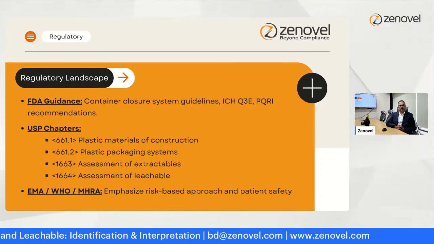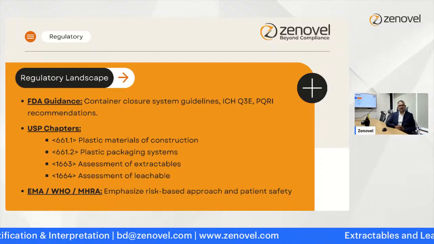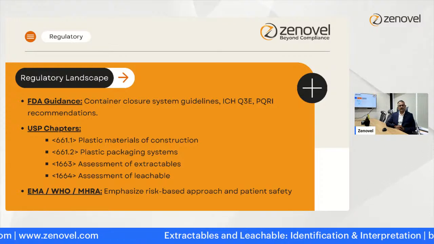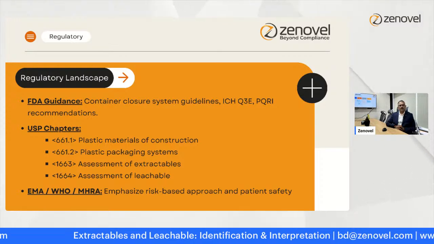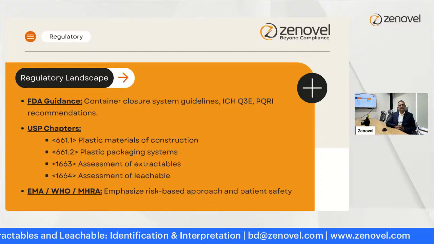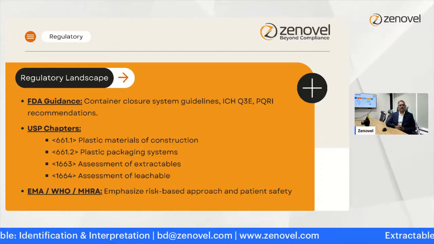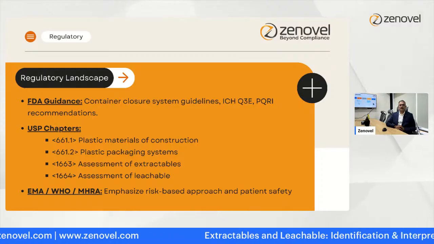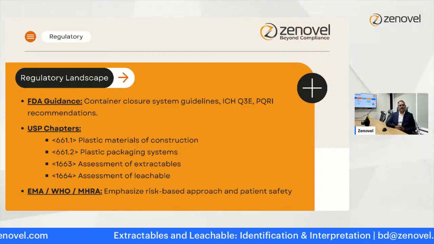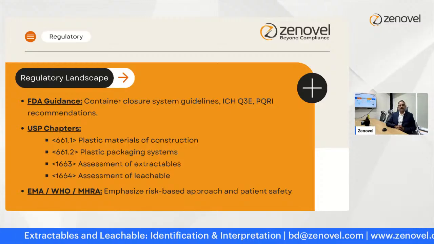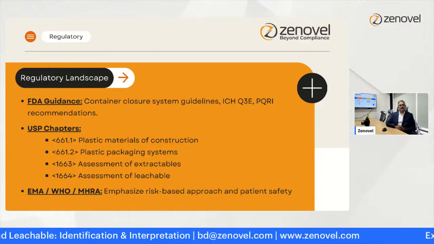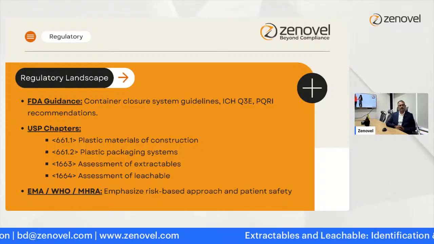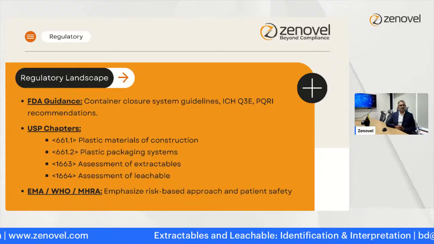USP has also defined chapters such as 661.1 for plastic materials of construction, 661.2 for plastic packaging systems, 1663 for the evaluation of extractables, and 1664 for the evaluation of leachables. They give us guidance on how to perform these studies. For EMEA, WHO, and MHRA, they emphasize a risk-based approach and patient safety for the evaluation of extractables and leachables.